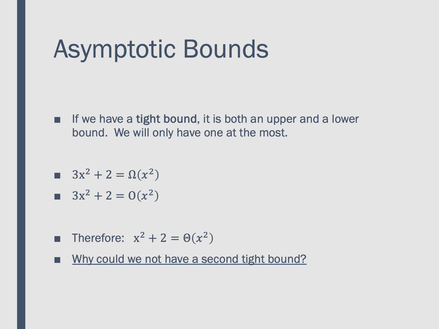Now when the upper and lower bounds are the same, we can conclude that the function has a tight bound. So when omega and big O are both the same, like x² and x², we can say theta of x², where we have 3x² + 2 = Θ(x²).